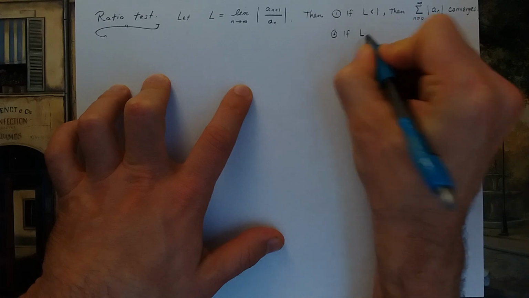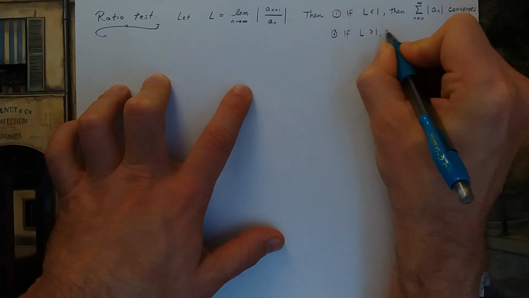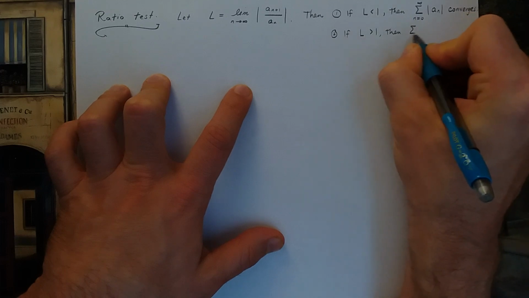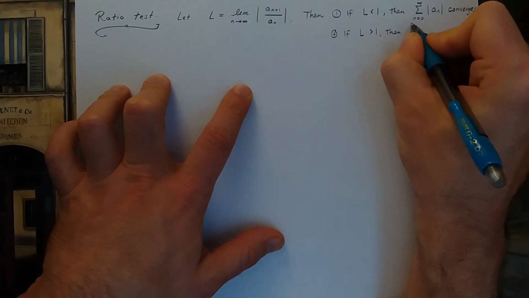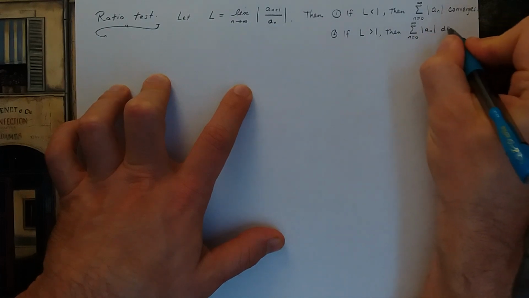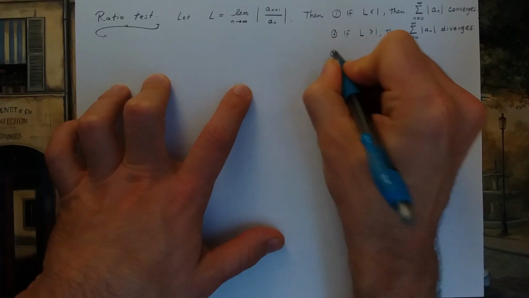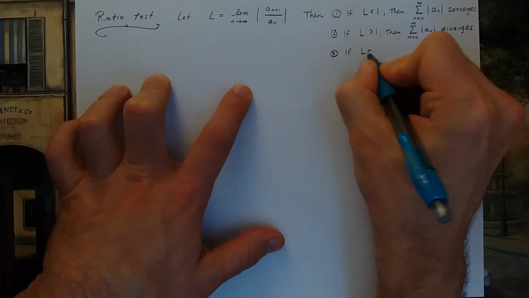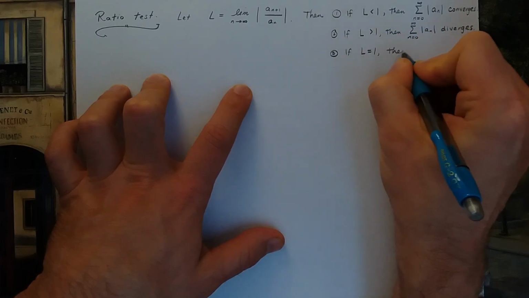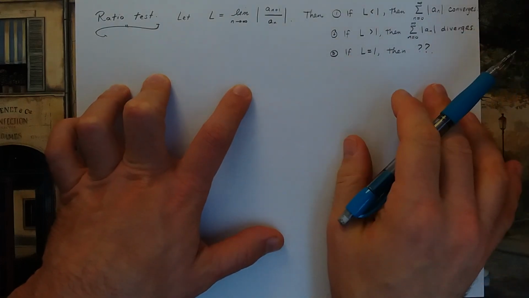If L is bigger than 1, then this sum, absolute value a_n, diverges. And if L is equal to 1, then I don't know. It could either converge or diverge.